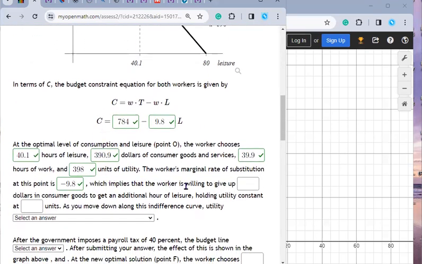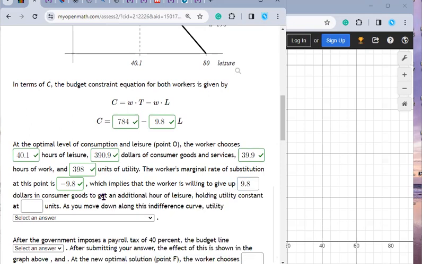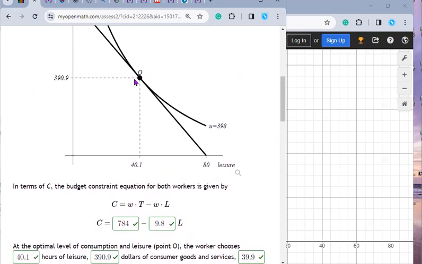And that implies that the worker is willing to give up $9.8 in consumer goods to get an additional hour of leisure. So here, if the person wants one more hour of leisure, they're going to give up basically their hourly wage of 9.8, right? And that movement is along this indifference curve.